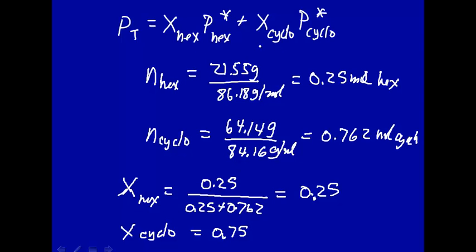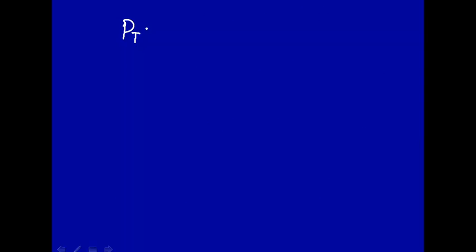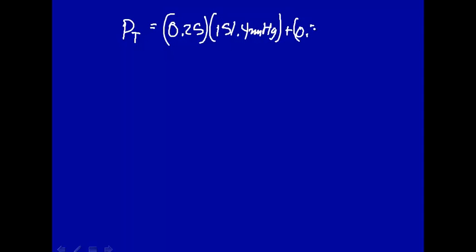The vapor pressure of the pure substances was given in the problem. So the total pressure is equal to the mole fraction of hexane, 0.25, times the vapor pressure of pure hexane, given in the problem, 151.4 millimeter mercury, plus the mole fraction of cyclohexane, 0.75, times the vapor pressure of pure cyclohexane, given in the problem, 77.6 millimeter mercury.